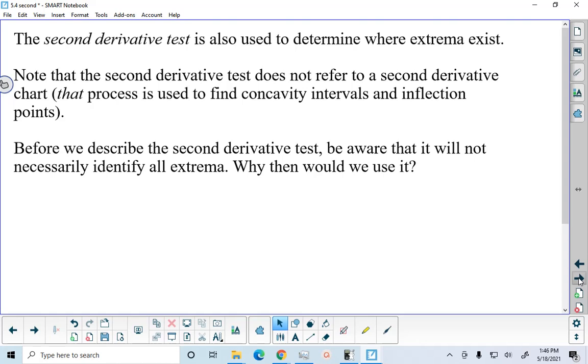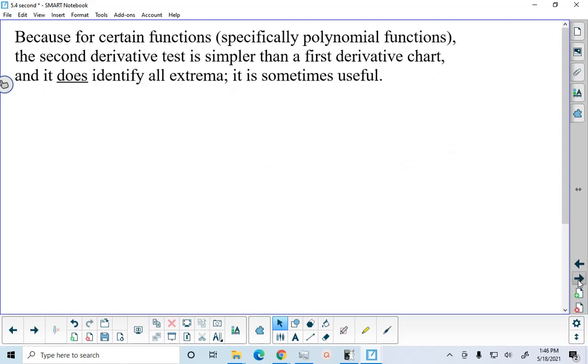So when can we use this second derivative test? We can use the second derivative test whenever the first derivative is equal to 0. We cannot use the second derivative test for cases where the first derivative is not defined. Okay?